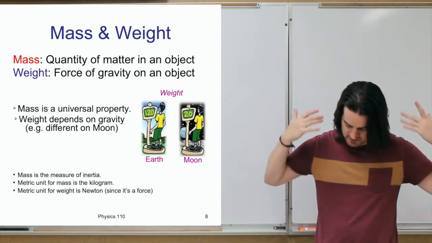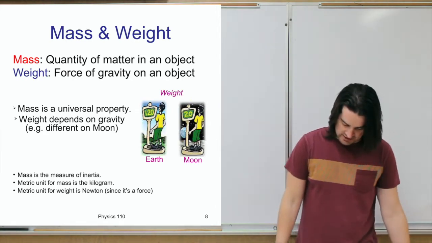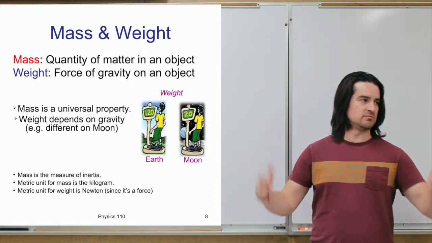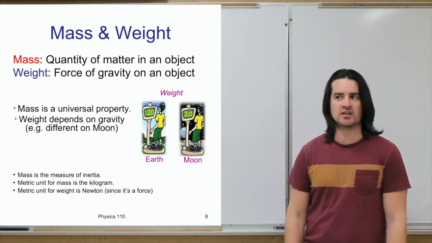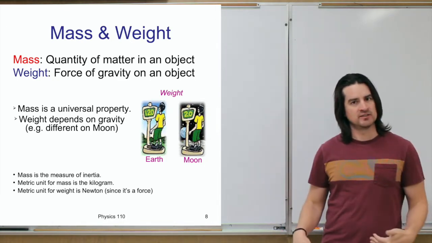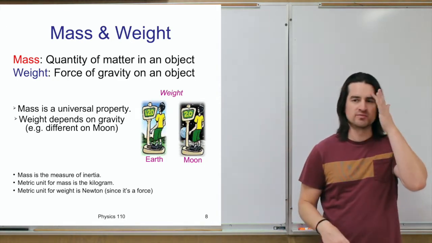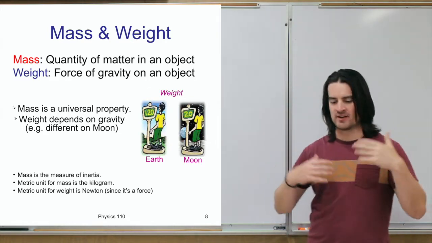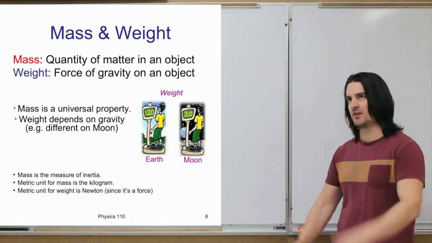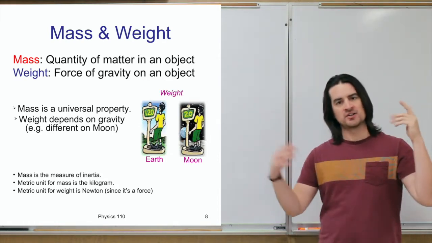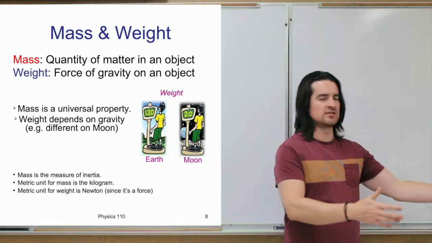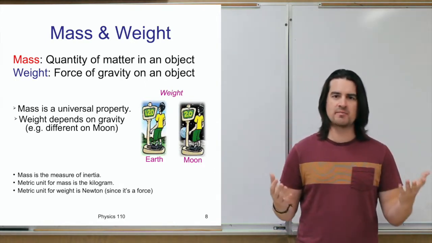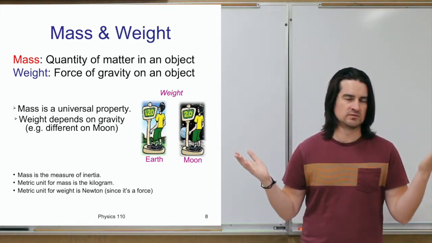So I myself, well, it's billions and billions and probably trillions and trillions of atoms that make up my body. And that amount of atoms is a certain amount of mass. So it doesn't matter if I'm standing here on the Earth, floating in outer space, standing on the moon, or right near the sun, it's the same amount of matter that's making me up. So I have the same mass everywhere in the universe.